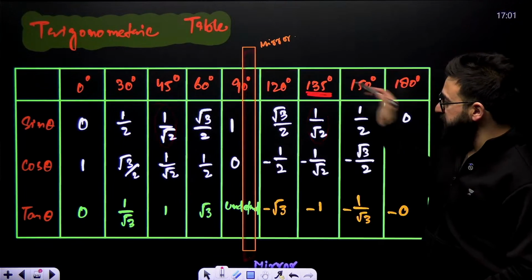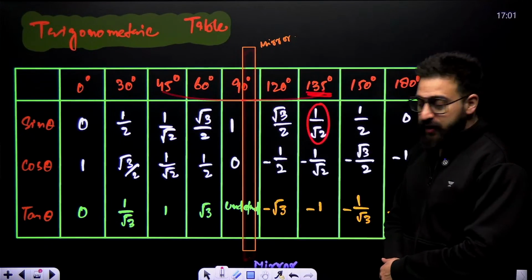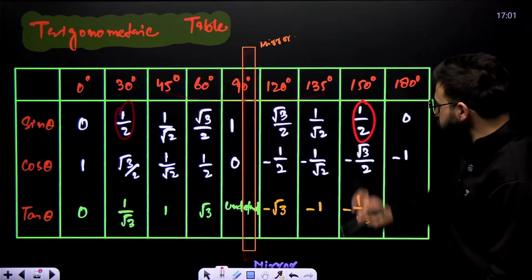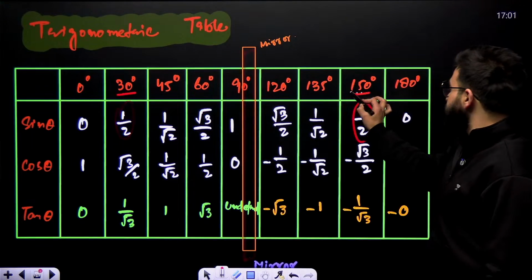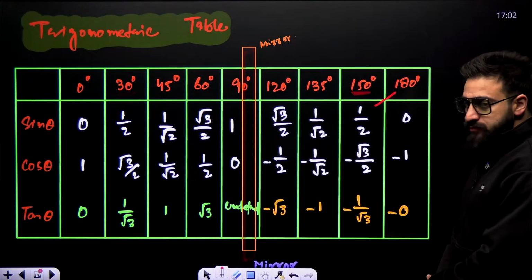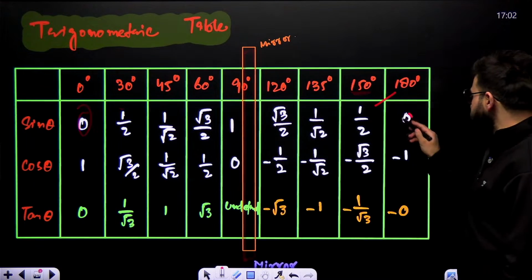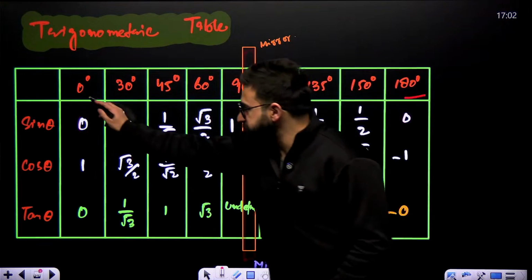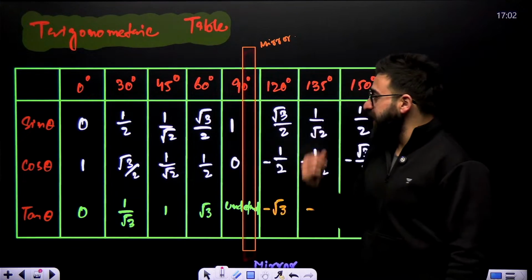That is 135 degrees. 135 and 45 have the same value. And then, my dear friends, here if you have got 1 by 2, behind the mirror you have got 1 by 2. Means sine 30 is 1 by 2, sine 150 is 1 by 2. In front of the mirror you have got 0, so behind the mirror at the end you have got 0. Sine 180 is also 0, sine 0 is also 0. That's why I told you, remember this line only.